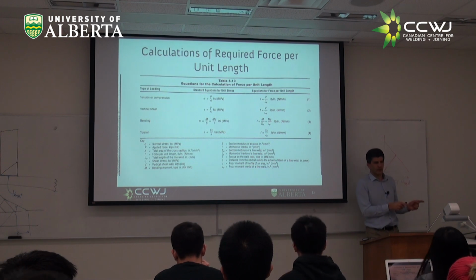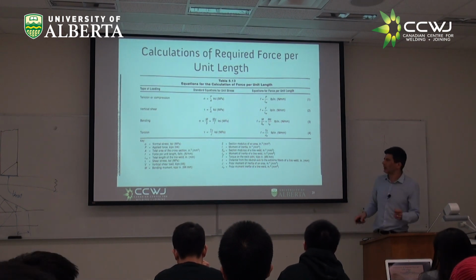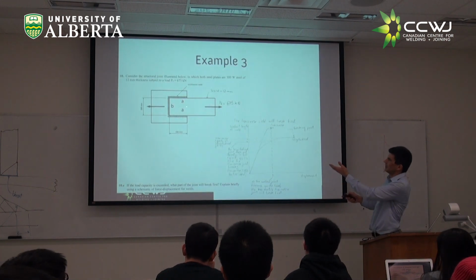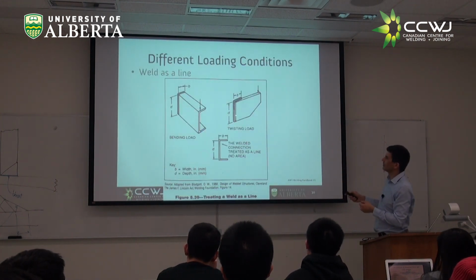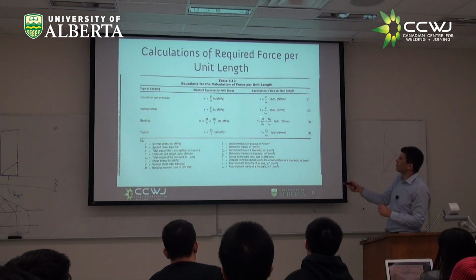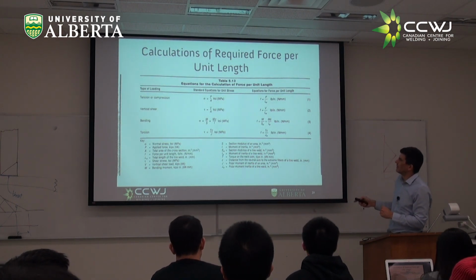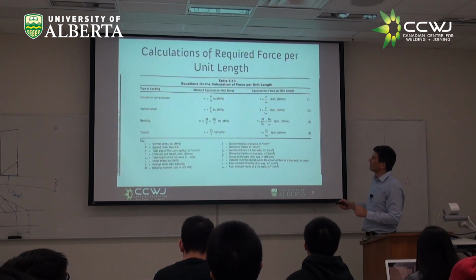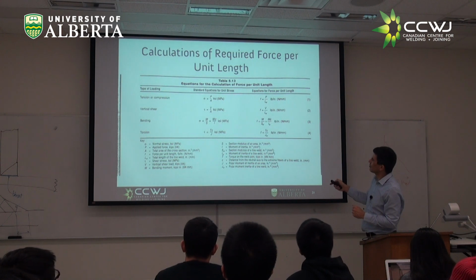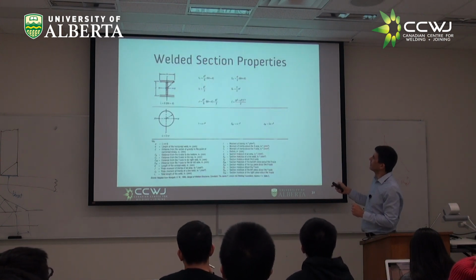So you know how to calculate how strong your weld is. In cases that are not Mickey Mouse like these ones, this is very easy. You have this, very complex. It's more or less the same, but now you have to go through these formulas. And here we have moment of inertia, or polar moment of inertia.